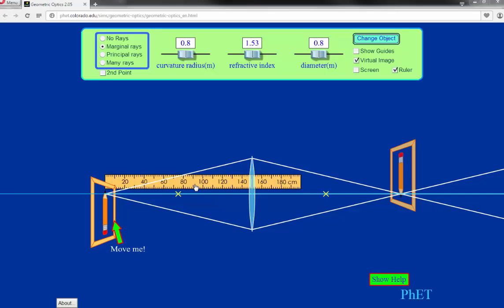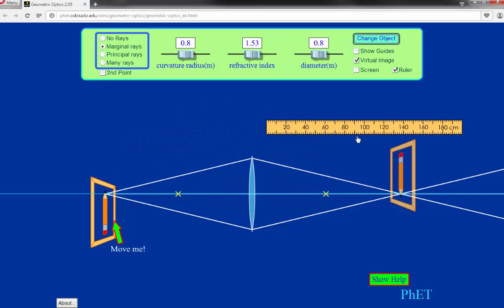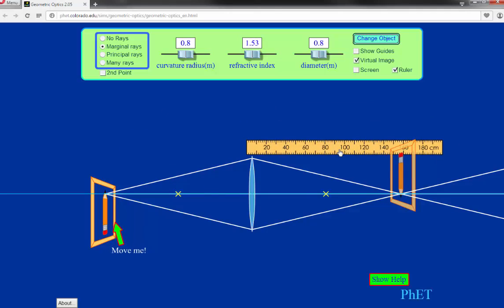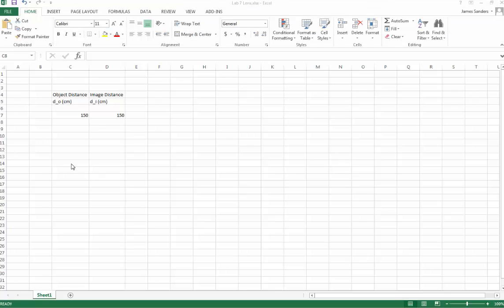Alright, so I need to measure what is the distance to the image, and you can do that on here by basically trying to place this meter stick and then measuring out where this is lined up. So this is again at 150 centimeters. So that's that piece of data.